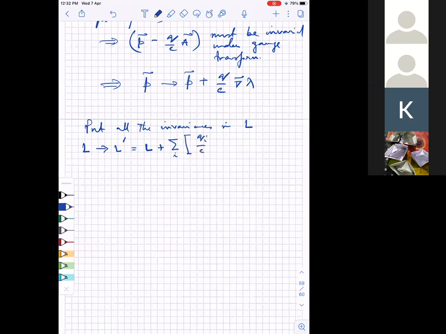Q_i by c lambda dot, d lambda dt minus v_i in the first term.